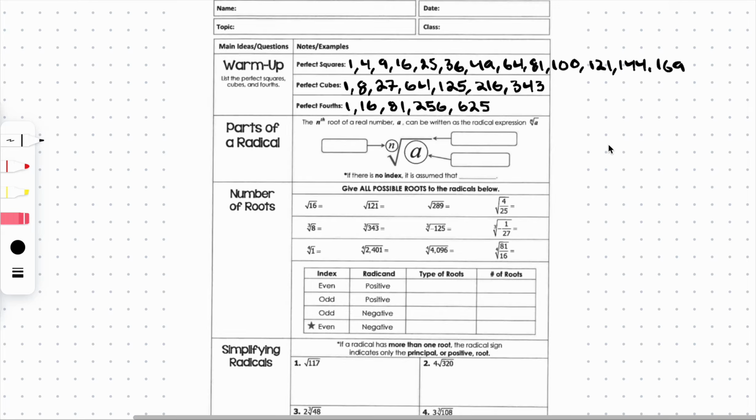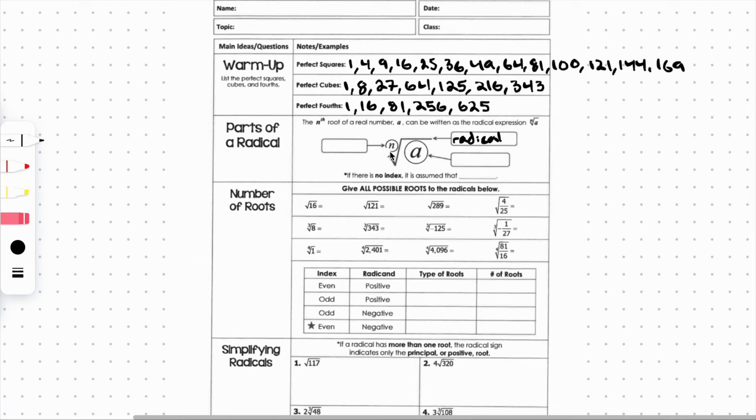Okay, so let's talk about parts of a radical. When we have the nth root of a real number, a, it can be written as the radical expression here. So we have this radical, that's this sort of line. So this is called the radical.